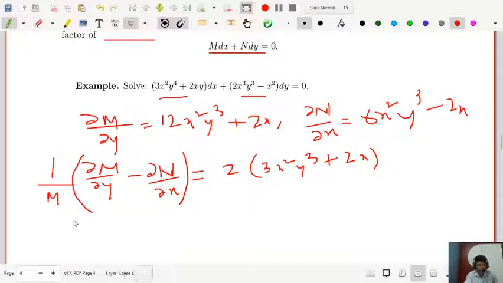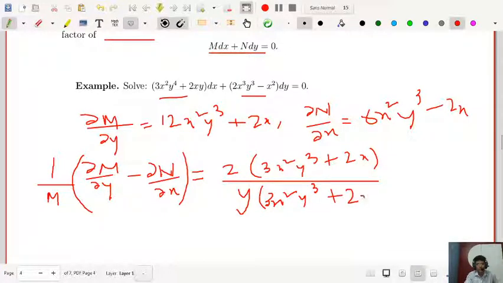First you check for n. If it is not a function of x, you check for m, whether it is a function of y or not. So what is your m? M is 3x square y to the power 4 plus 2xy. If you take y common, that will be 3x square y cube plus 2x.